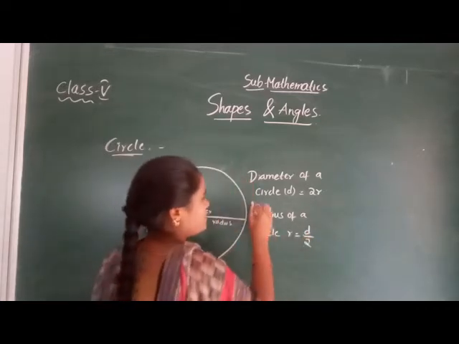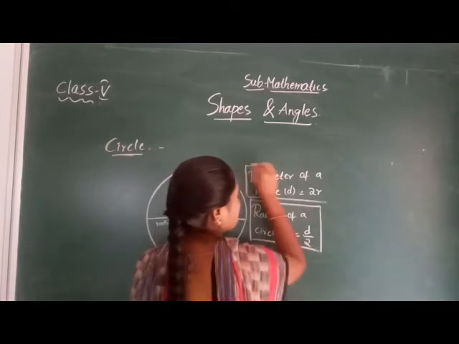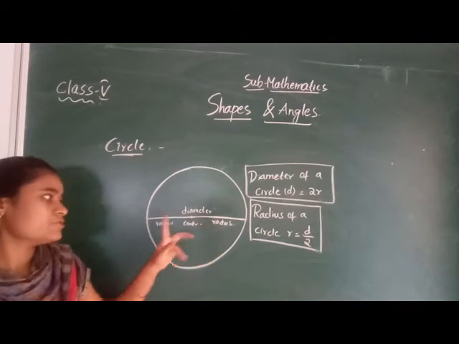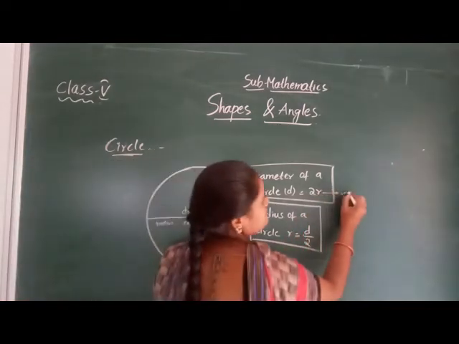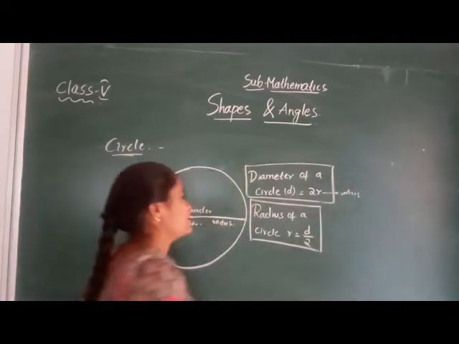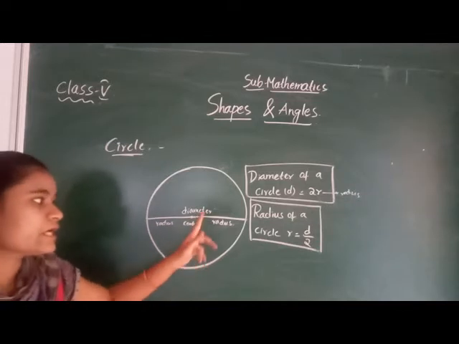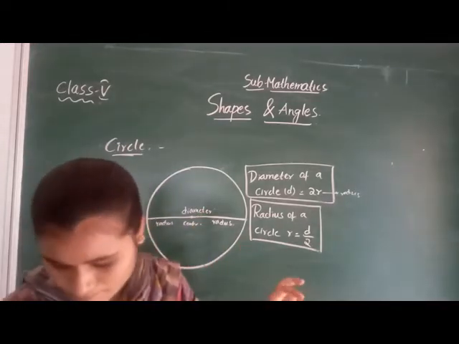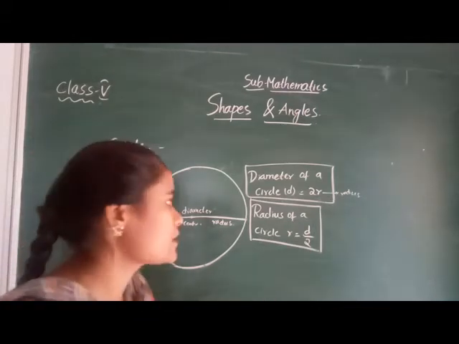This is the formula. See, diameter of a circle is equal to 2r, 2 radius. R means radius. Radius of a circle, R is equal to D by 2. Okay ma?